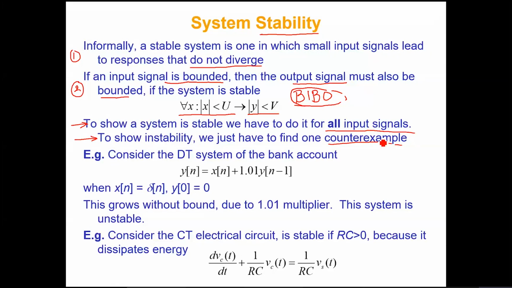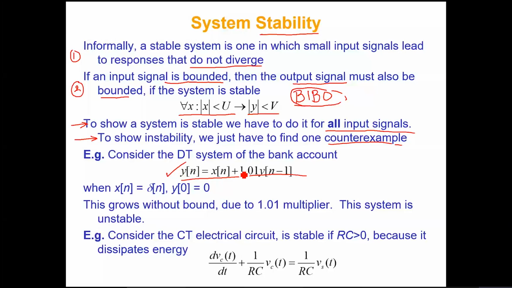So if we see the example of the discrete time system, the bank account system, which we saw earlier, you will see that this will be an unstable system. I can just look at it and tell you that it's unstable. With time, once we go through it in detail, you will see how we can simply check, just by looking at it, whether the system is stable or not.